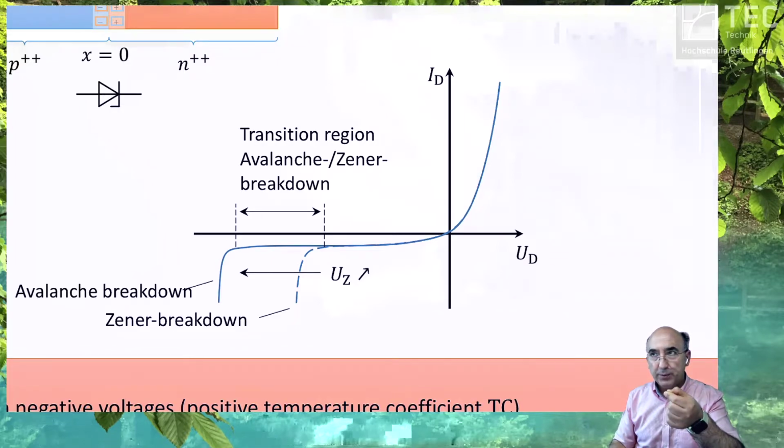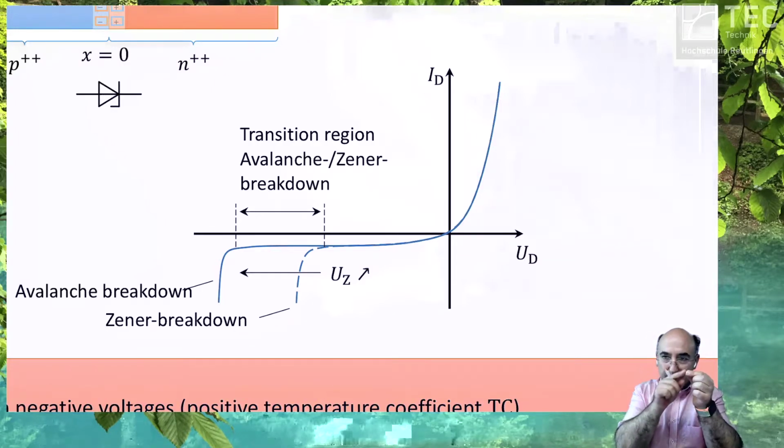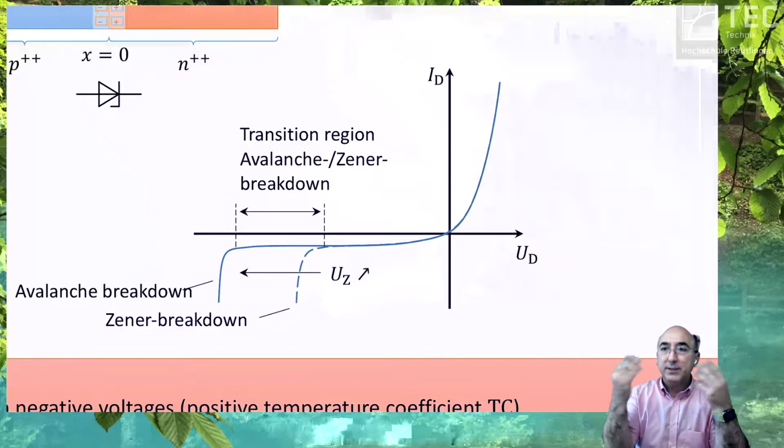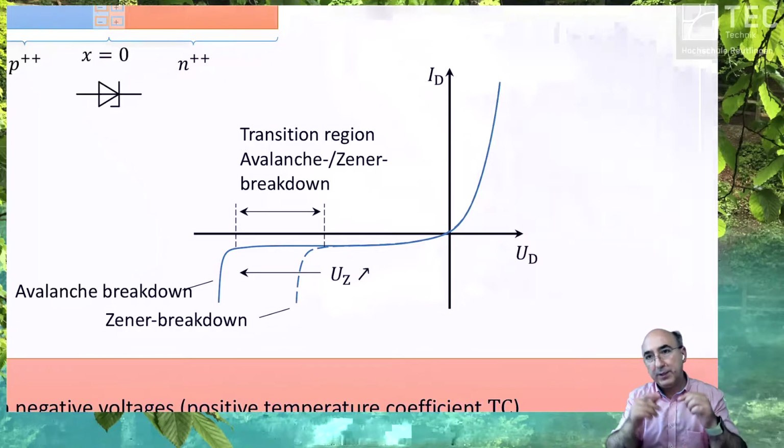And we have learned this breakdown appears there at the center, at the junction. And if you increase the volume where the electrical field is higher than the critical one, then the current increases. So the breakdown is not a destroying one. It just starts to increase.